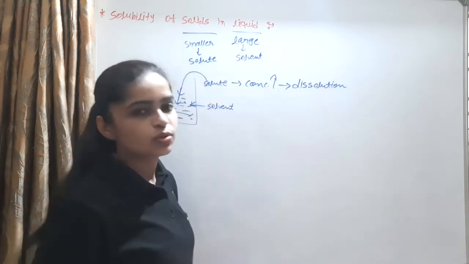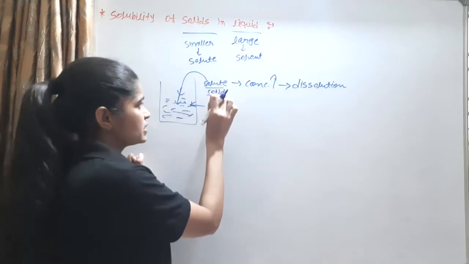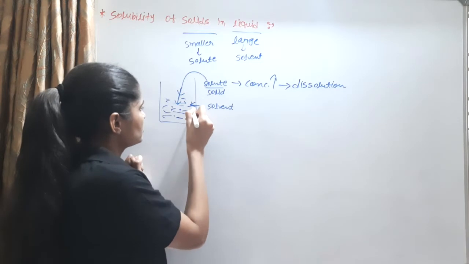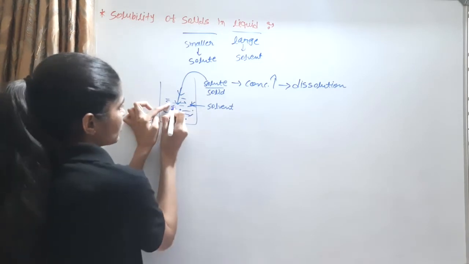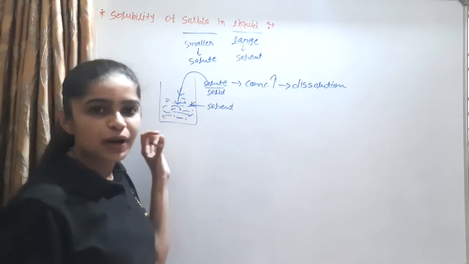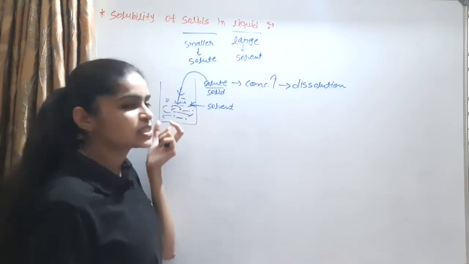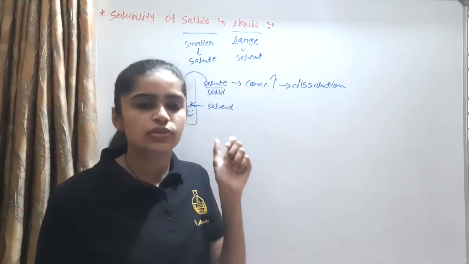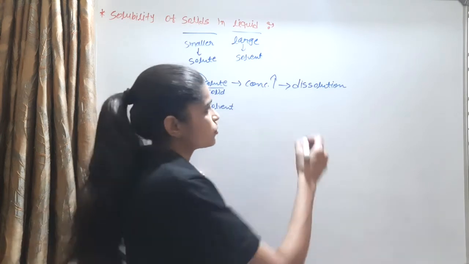The first term is dissolution. When the solute is a solid, one solid particle collides with another solid particle and precipitates out, meaning it converts back into solid. This is known as the crystallization process.